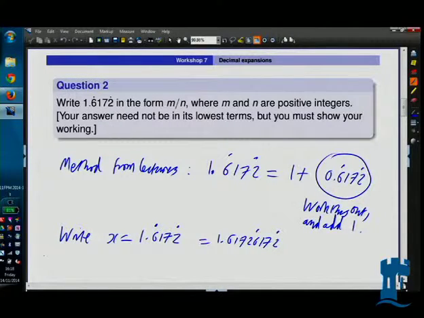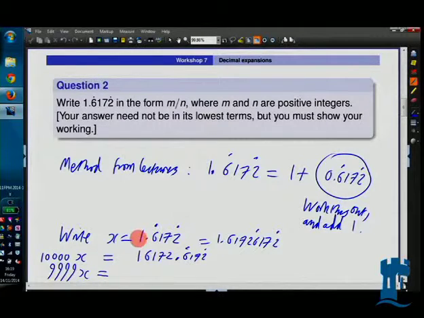Then go straight to 10,000x, and you get 16172.6172 recurring. Then you subtract x from that to get 9999x.